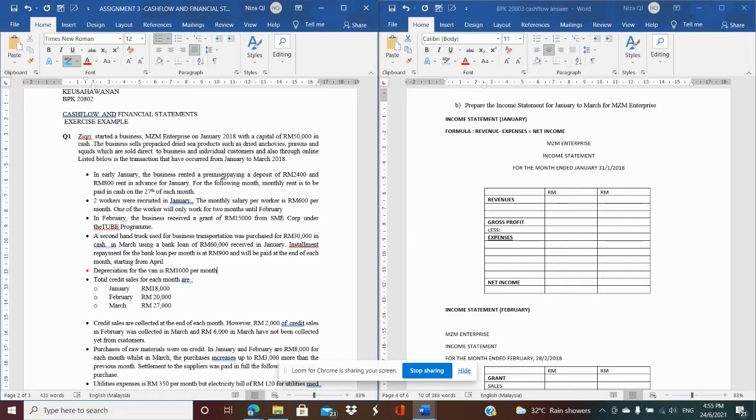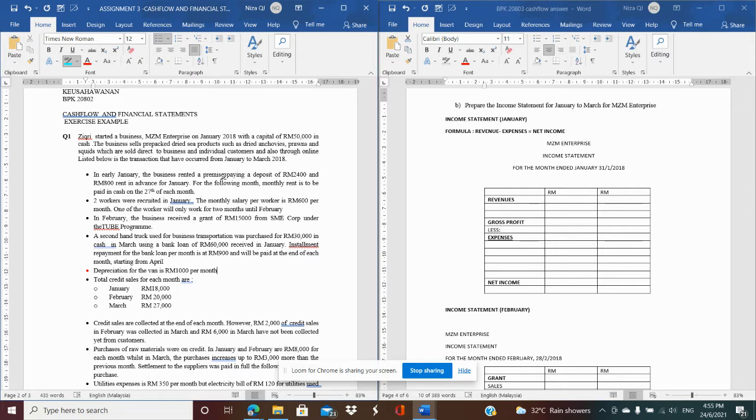So when there is a deposit, to the renter this is an asset, and it's not an expense. You pay cash, so it's an asset, and it's not an expense.